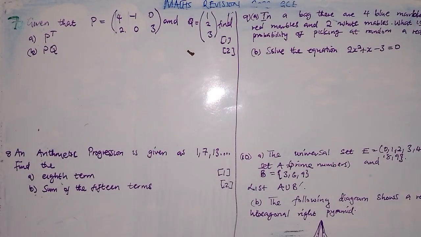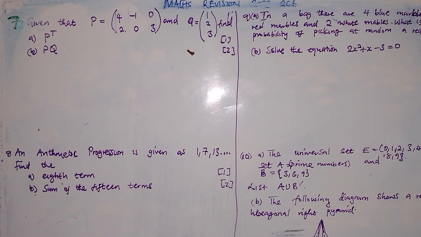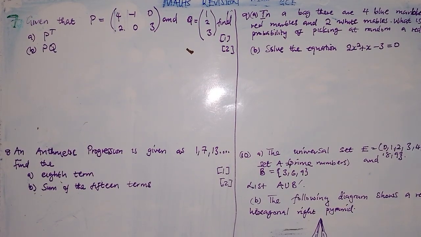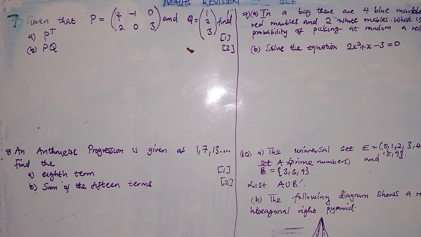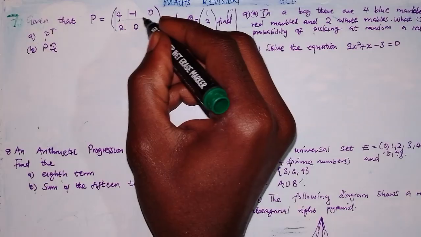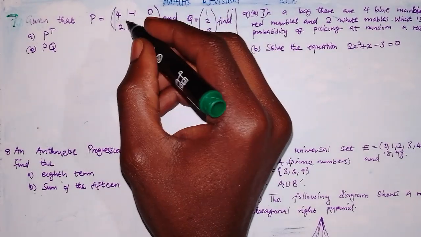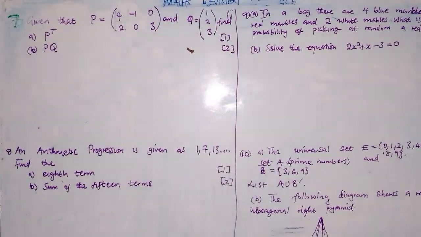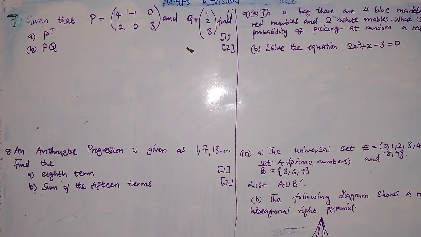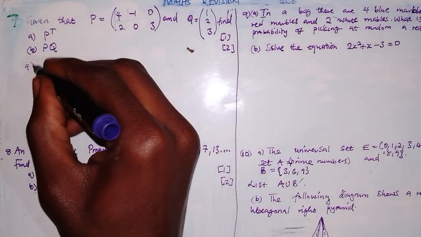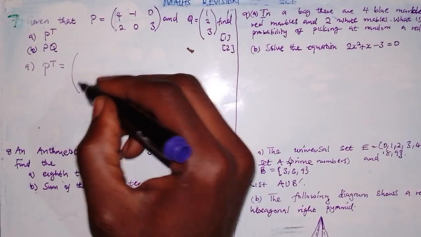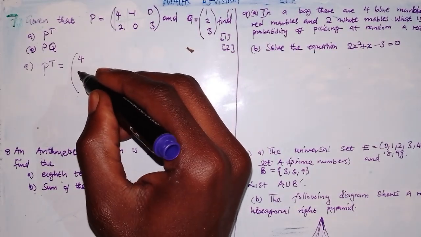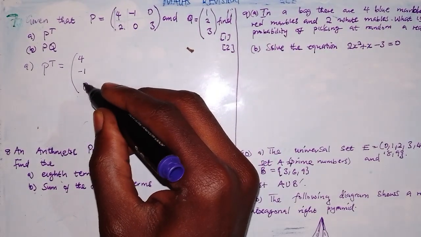So this is where now we change the row to become a column. So how can a row become a column? This entire row will become a column. So you say P transpose is equals to, so we have 4, -1, 0.